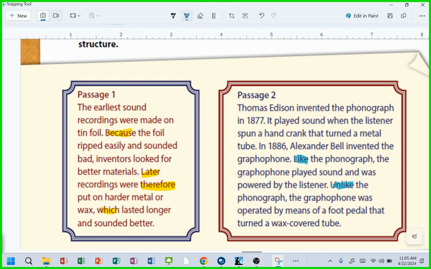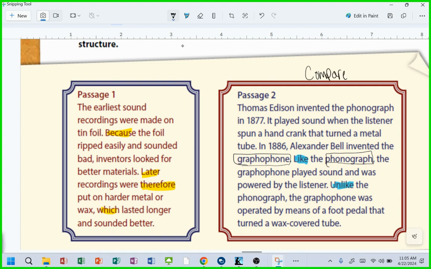Unlike the phonograph, the graphophone was operated by means of a foot pedal that turned a wax-covered tube. So what type of structure do you think that is? We're comparing. We know the two things. What two things? The phonograph and the graphophone. When they're talking about two different things, we're comparing and contrasting here, right?